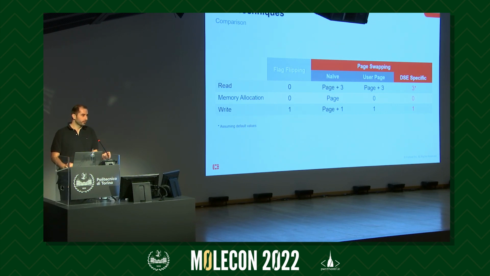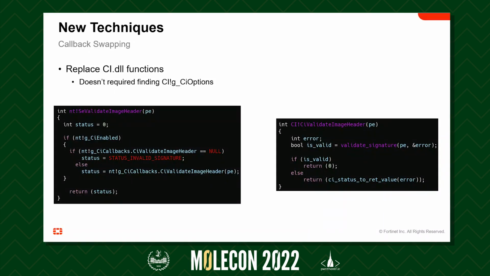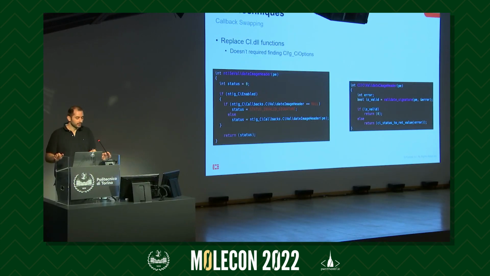So this is why we came up with another technique, which also has a very creative name, that we call callback swapping. Basically, if we look at the interface between the kernel and CI.DLL, we will be reminded that there are callbacks involved.